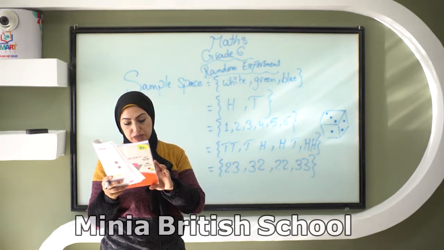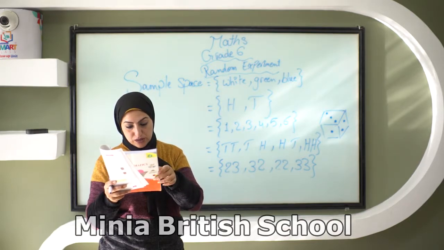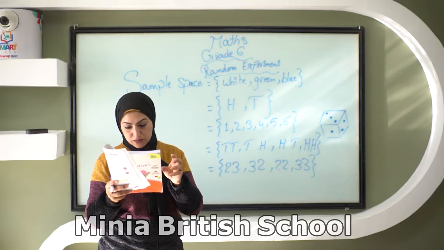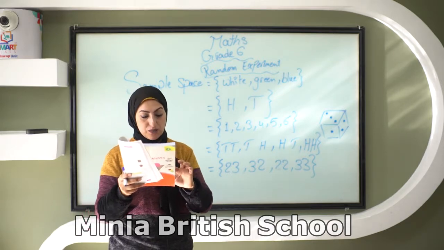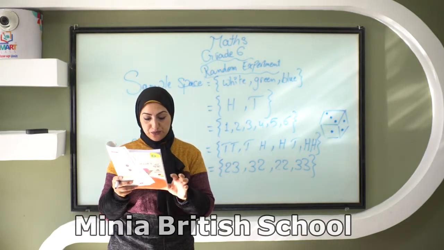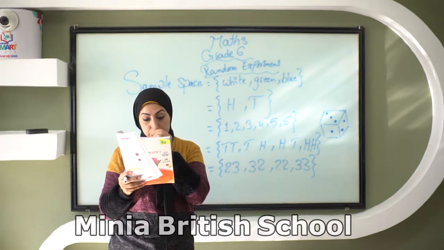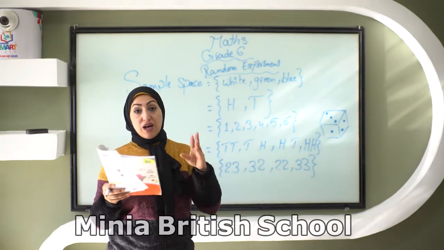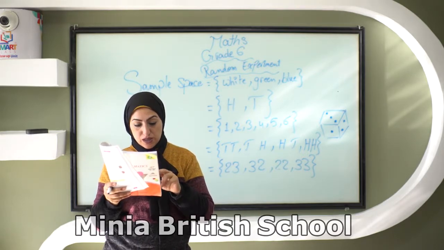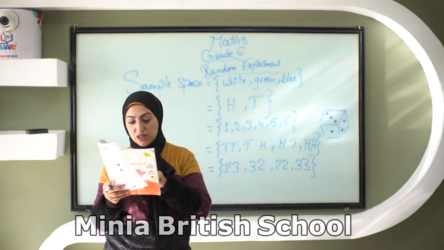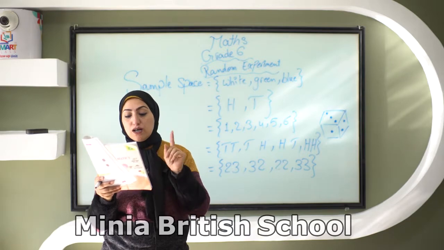In the random experiment of tossing a coin 2 consecutive times to know the appearance face, write the sample space. I think we did it. It's the same, by the way. Number 4 is the same as number 2. No, in number 2, I'm looking for the difference between them. In number 2, the random experiment is tossing a coin 2 consecutive times under the condition of the appearance of a head only.